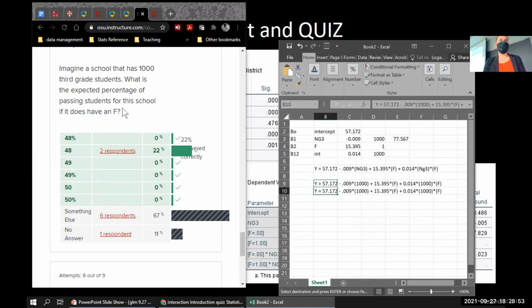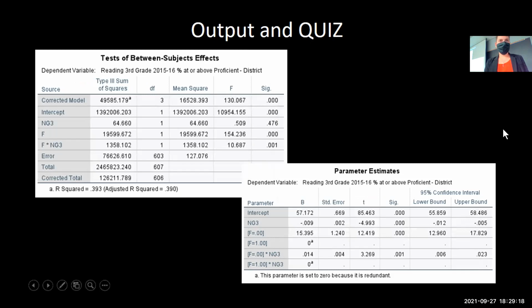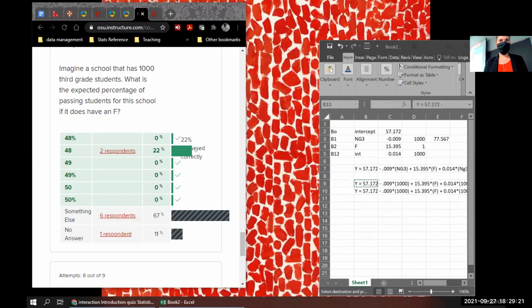If it does have an F. So if it does have an F, right? I don't know why my cursor won't show you there. F is 1 is where it was 0. Remember? F is 1 is where it was 0. So that means I'm going to fill in.